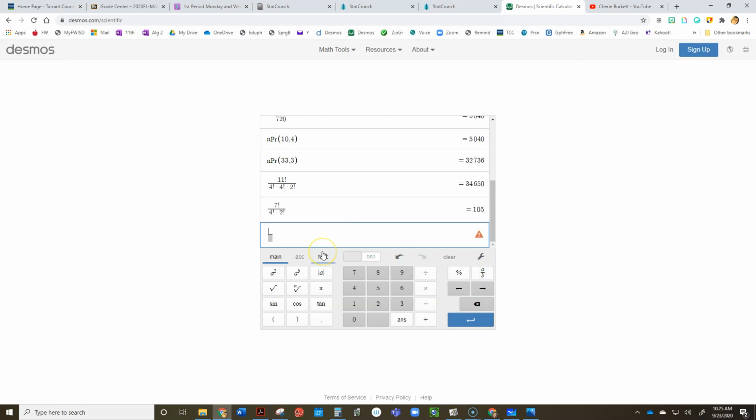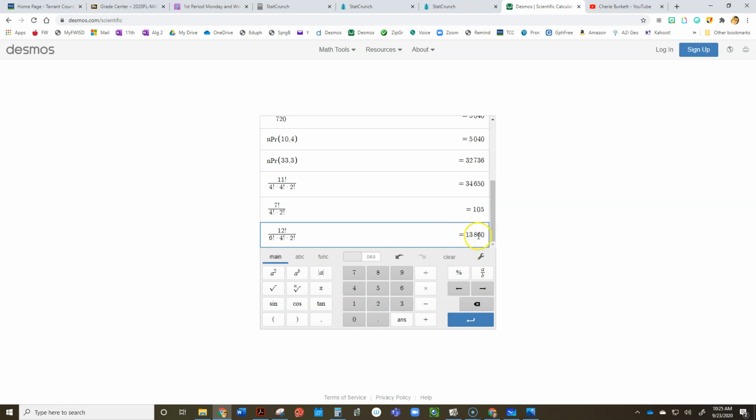Give yourself a fraction bar. 12 factorial over 6 factorial times 4 factorial times 2 factorial. So 12 houses altogether, 6 one-story, 4 two-story, and 2 split level.